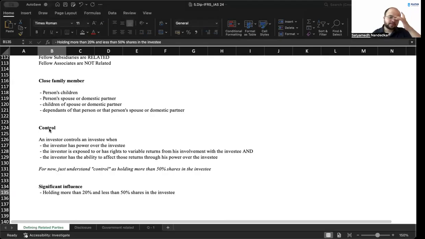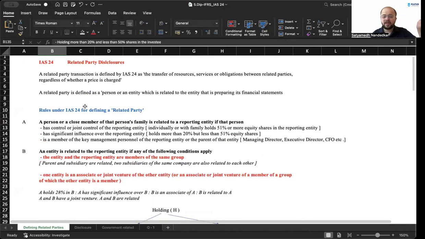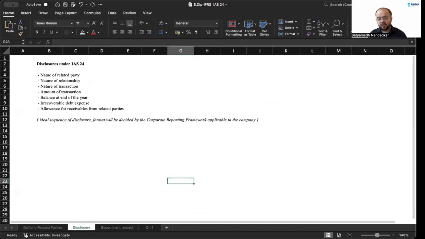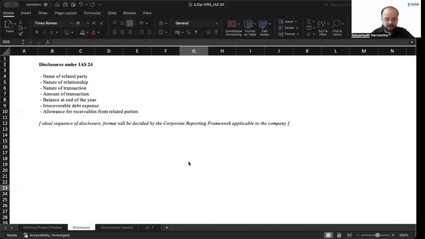Okay. Now, these are related party relationships that we saw, like a whole list of related party rules for identification. Now let us understand what are the disclosures that you need to do for these related parties in the financial statements. First of all, you have to talk about the nature of the relationship.